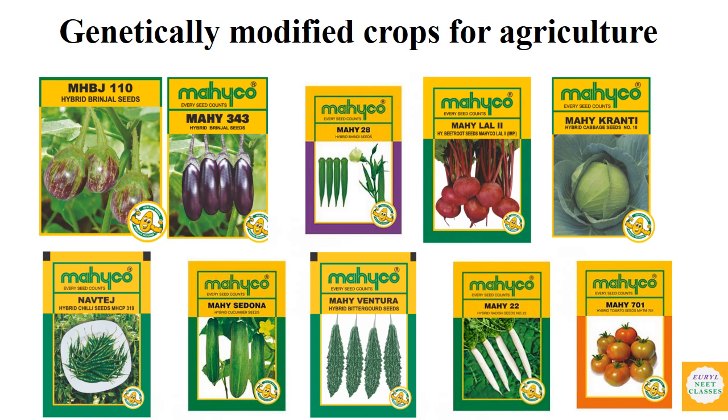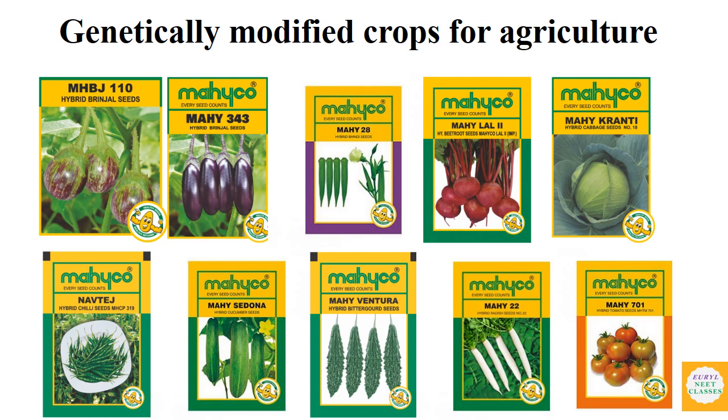The main thing about creating genetically modified plants, what is the importance? My first one is pest resistance, because whatever plants are growing on the earth, they are going to be damaged by pests. Because of that, their growth will be inhibited or tampered with. Because of that, the yield or the fruits coming from them also will be reduced. So we can try insecticides and pesticides, but they have a lot of side effects.